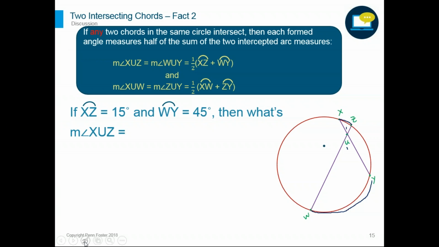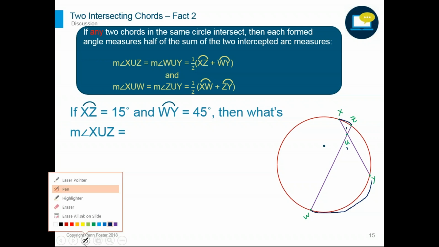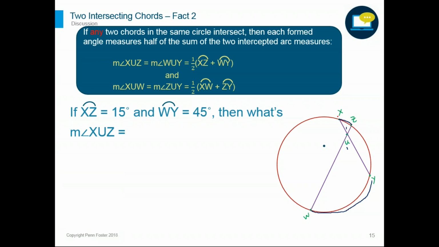The same way, if I look at the other two angles, XUW and YUZ, these two angle measures will equal half of the sum of the arcs XW and ZY.